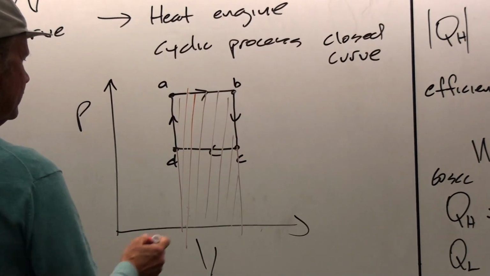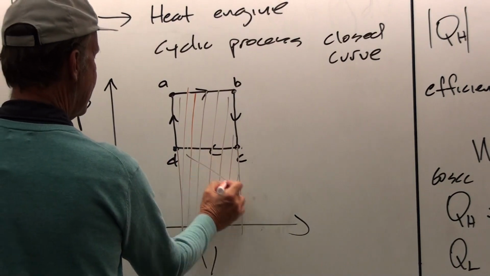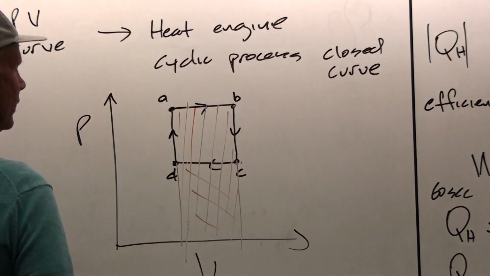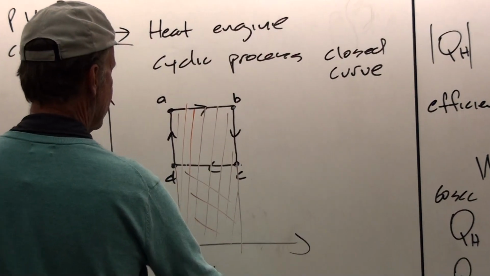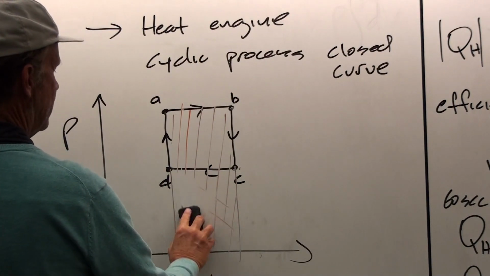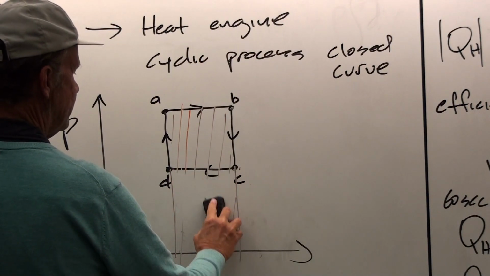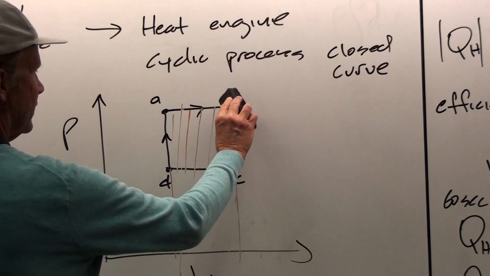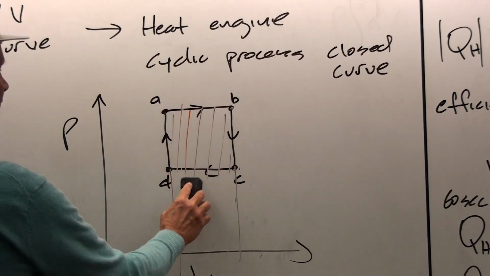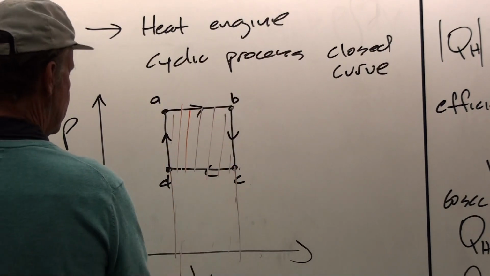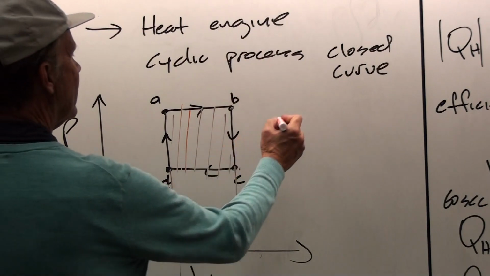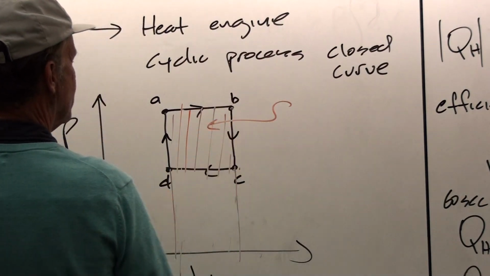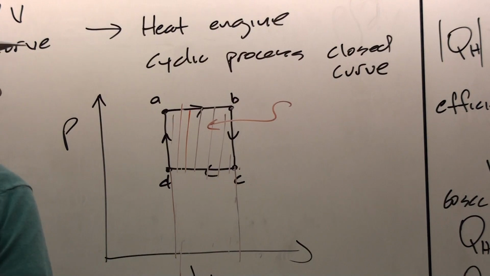But then, in going from C to D, that's going to be negative work done. And so that's going to take away from it by that amount. So what we're going to be left with, because there's no work done during the B to C and D to A processes, is that the total work done is the area enclosed by the pressure volume curve during one cycle.